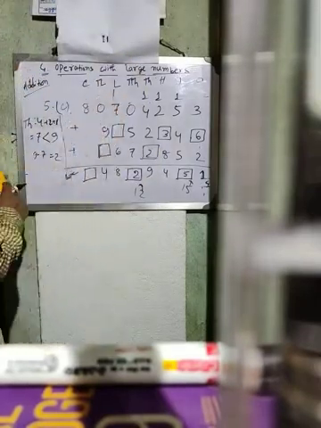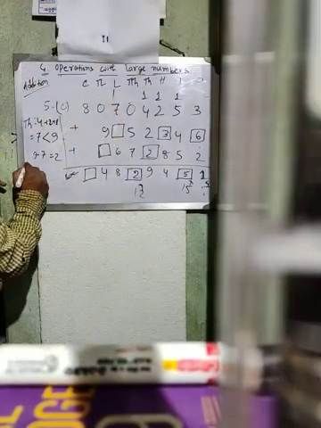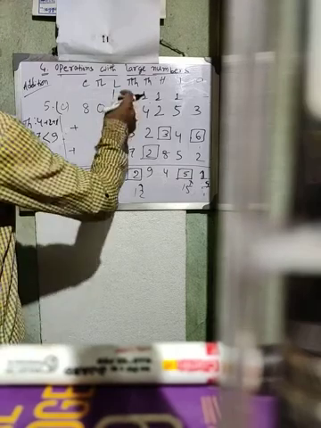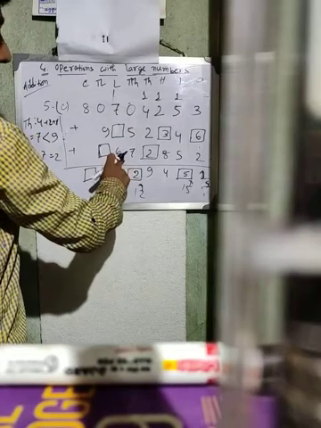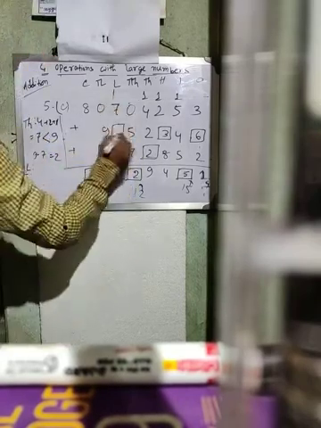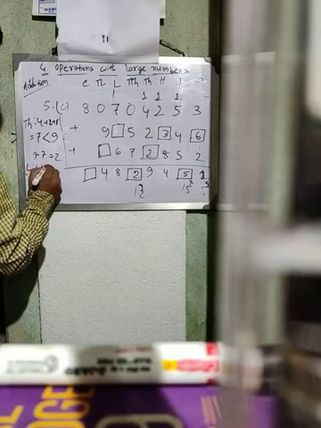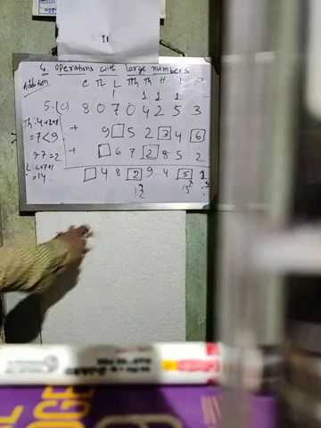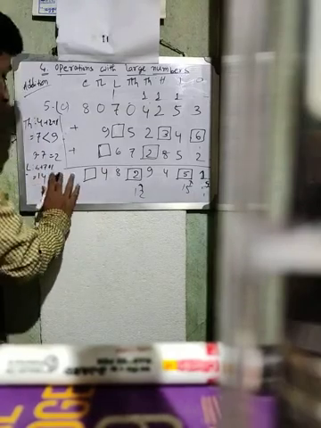Next, same. Consider now the lakh place. 6 plus 7 plus 1 is equal to 14. Is 14 greater than 8 or less than 8? 14 is greater than 8.